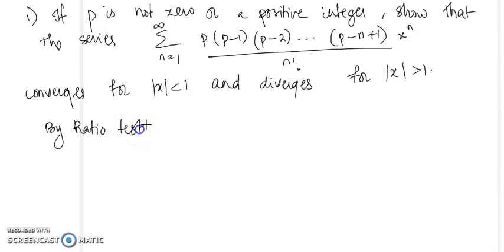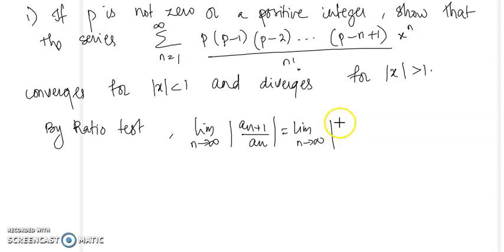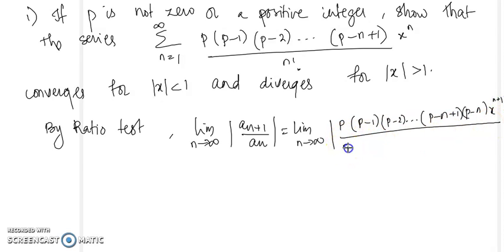By the ratio test, we take the limit as n tends to infinity of mod a_(n+1) by a_n. The modulus of a_(n+1) is p into p minus 1, p minus 2, etc., p minus n plus 1, and the next term p minus n, into x raised to n plus 1 by (n plus 1) factorial, into, in the denominator, p into p minus 1, etc., p minus n plus 1 into x power n by n factorial.